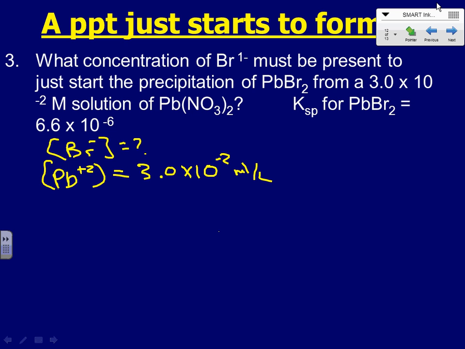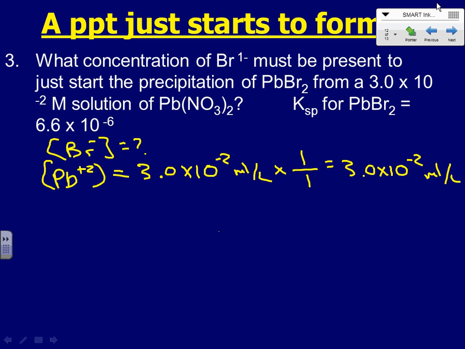And that's of lead nitrate, so it's 1-to-1. We've got that 1-to-1 ratio, 1 lead to 1 nitrate: 3.0 times 10 to the minus 2 moles per liter.